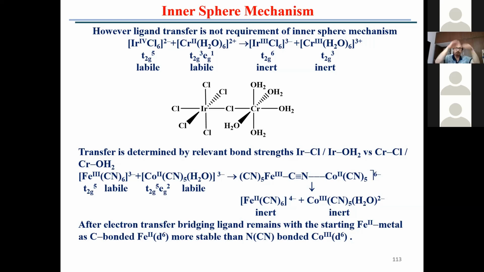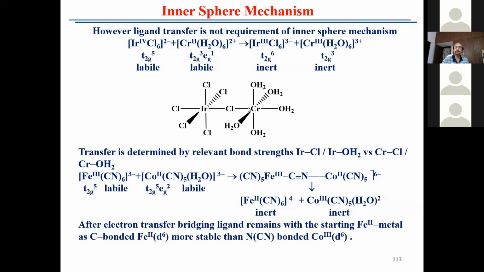And again, you have to bring your earlier knowledge that if cyanide is a ligand, a carbon-bonded cyanide is stronger compared to the nitrogen-bonded cyanide. So in this case, it will move in this direction instead of in this direction.